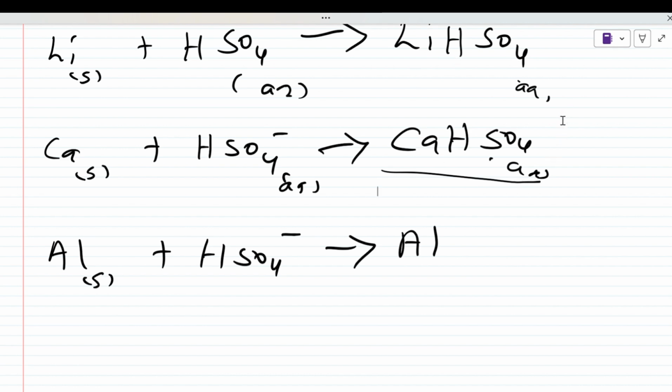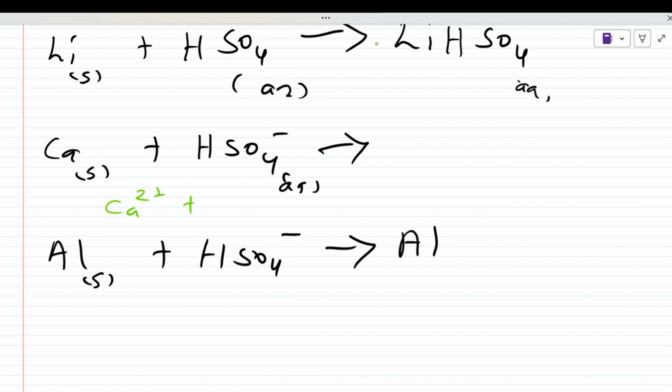Let me clear it out very well. There's something that I missed. I did not take into consideration the valencies. Now remember calcium is in group 2. So if calcium is in group 2, what will happen is calcium 2 plus H SO4 minus.